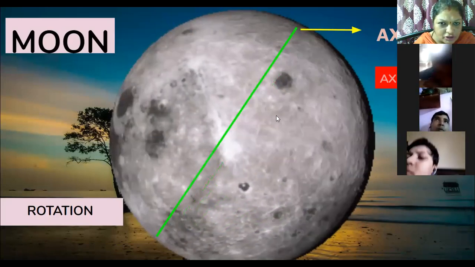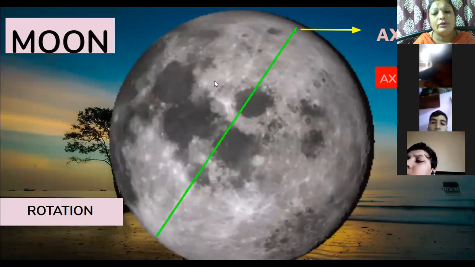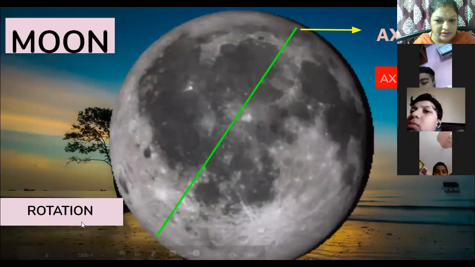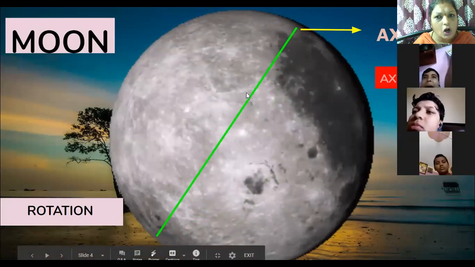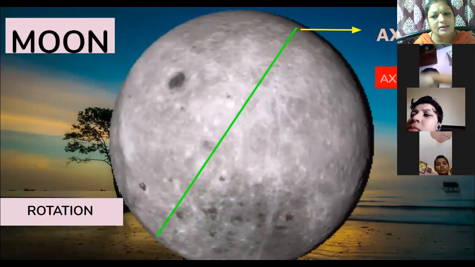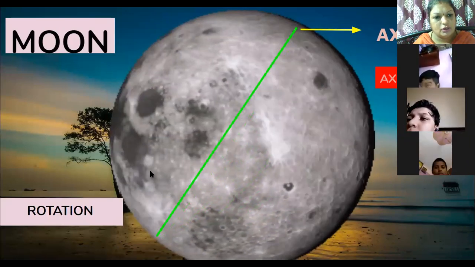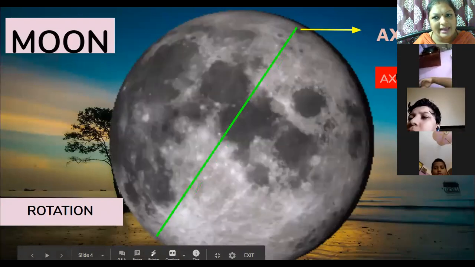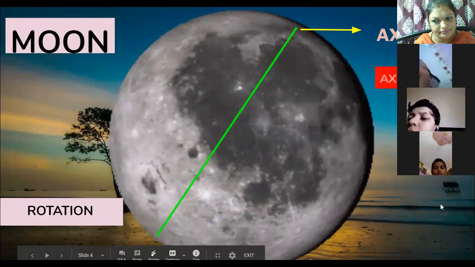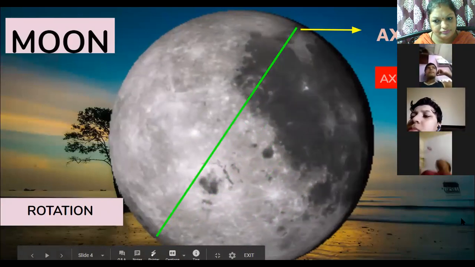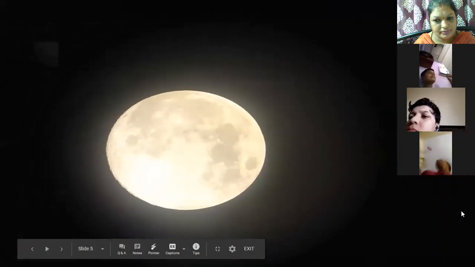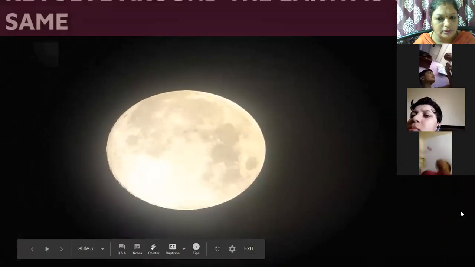So this motion of the moon around its axis is known as rotation, or axial motion. Look at the picture of the moon.